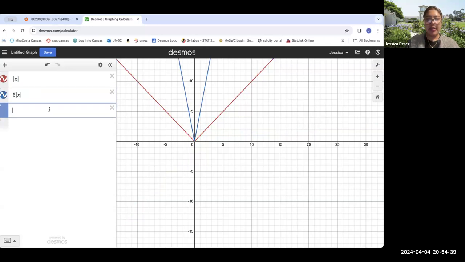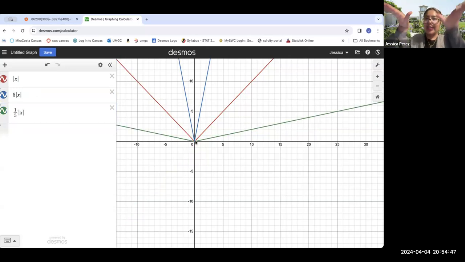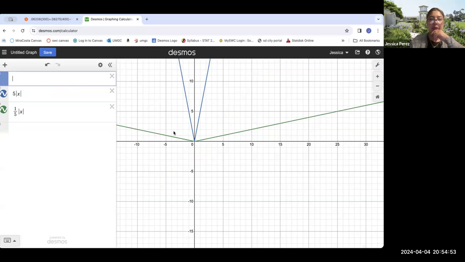And what if it's 1/5 the absolute value of x? Look how it compressed it down. The other one stretched it up. So here are the two differences. One is compressed down, the other one is a vertical stretch. Okay, so going back to our notes.